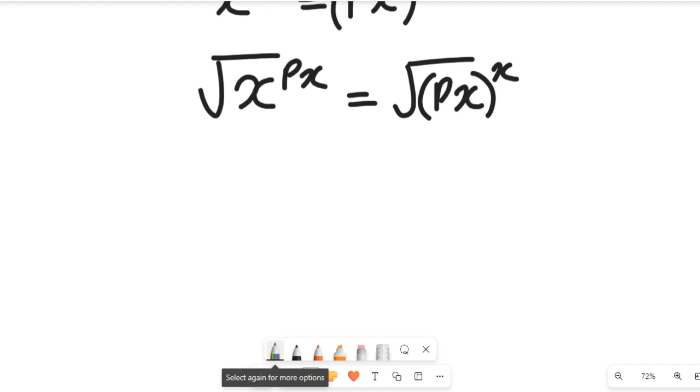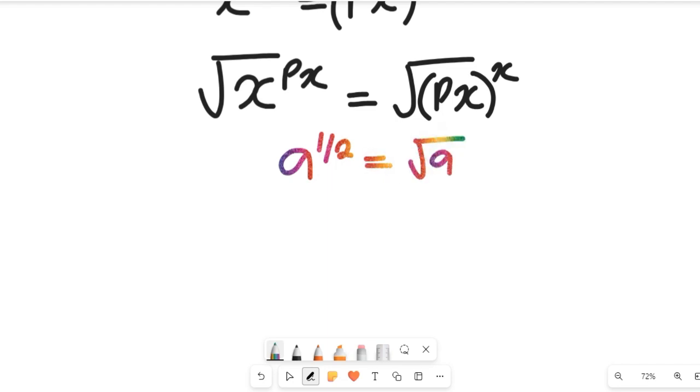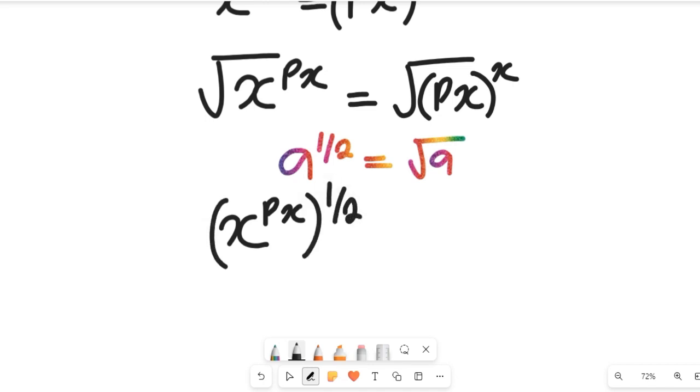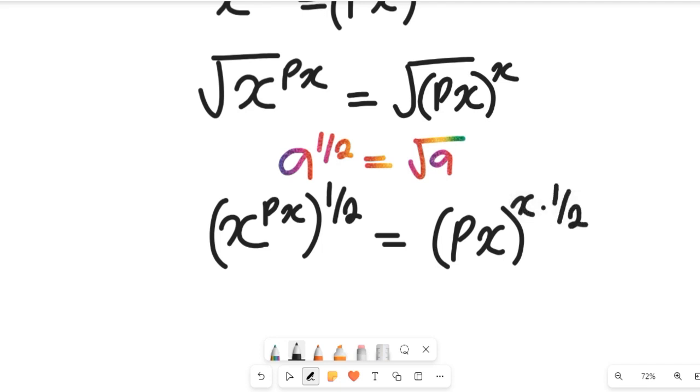Now recall, according to the law of indices, if I have a to the power of 1 divided by 2, this is simply the square root of a, right? So that expression can now give me x to the power of px multiplied by 1 divided by 2, and this will be equal to px multiplied by x multiplied by 1 divided by 2.